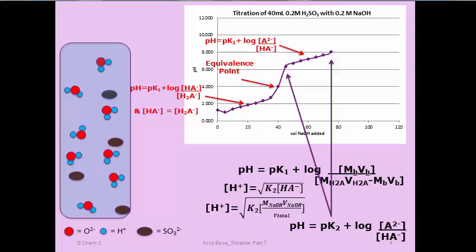And so now we're just left with the sulfite anion, and this is just water, so we've completely neutralized this weak acid and left behind the sulfite anion, which is in and of itself a weak base. So now it just becomes a problem of, okay, what's the pH at that equivalence point?